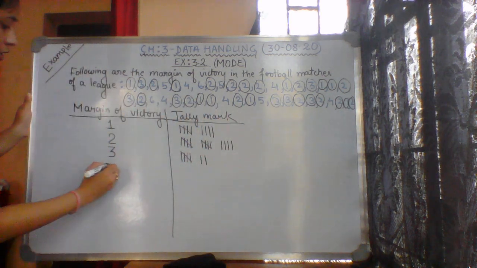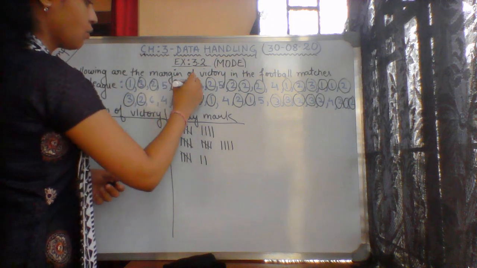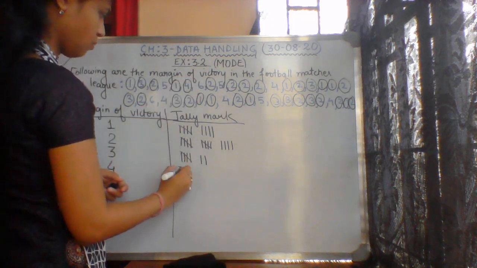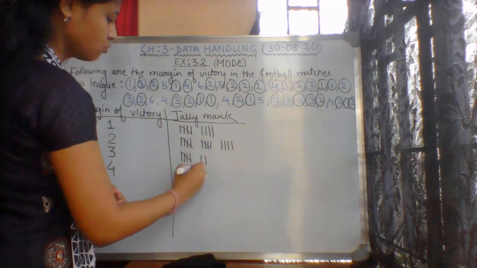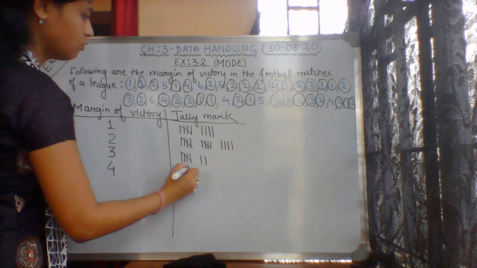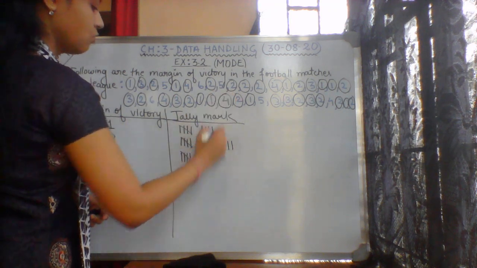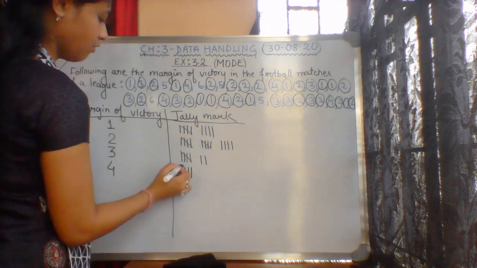Okay, now margin of victory 4. 1, 2, 3, 4, 5.